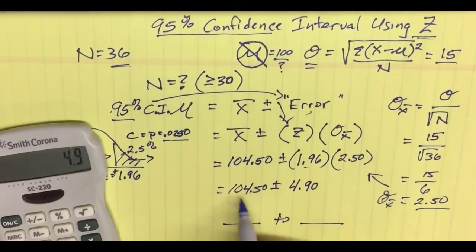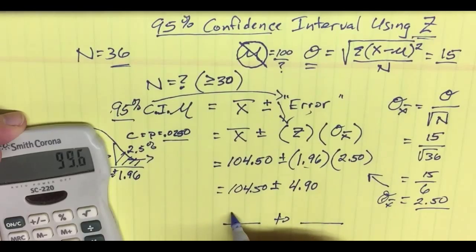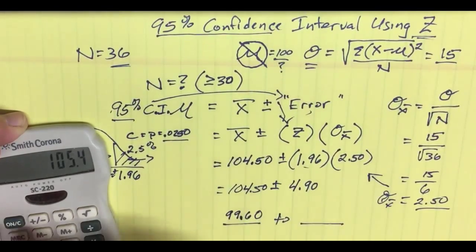And so the lower limit of this window is going to be 104.5 minus 4.9, which is 99.6. Then 104.5, whoops, I did that wrong.